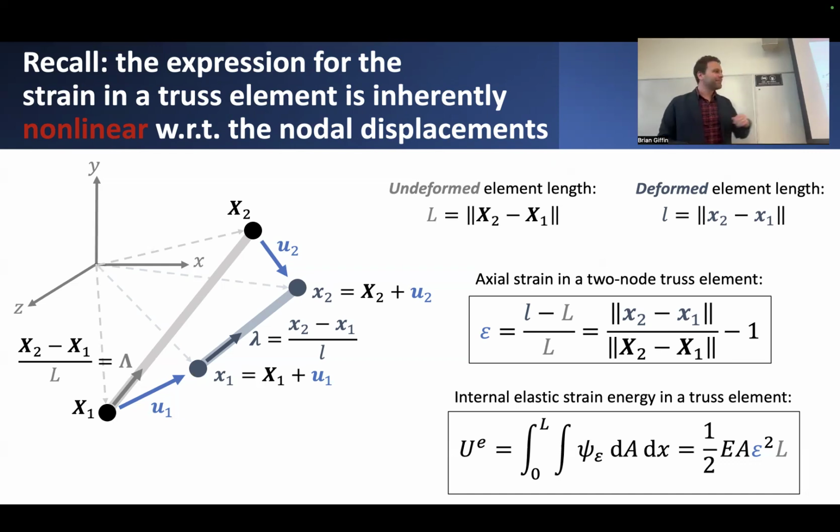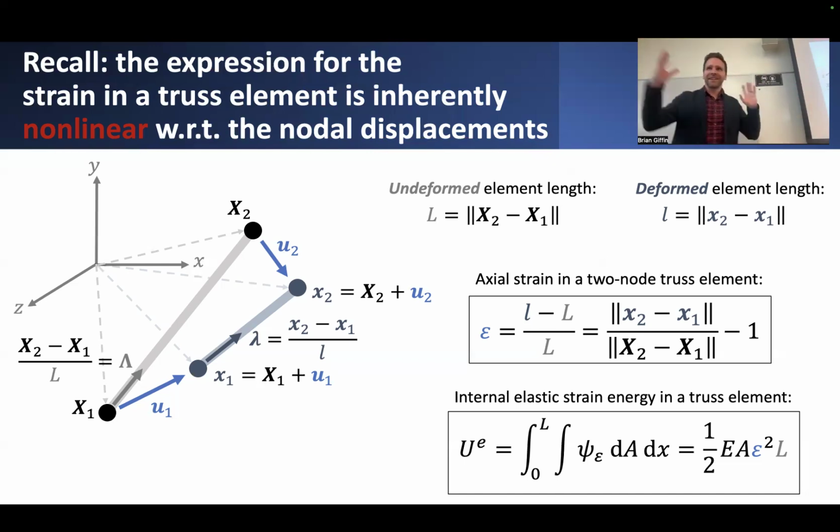Carrying out that integral, assuming that the strain is constant throughout this whole member, we get this final expression: 1/2 EA times epsilon squared, multiplied by the overall length of the member. So now we have an expression for internal elastic strain energy that depends on this nonlinear expression for strain.